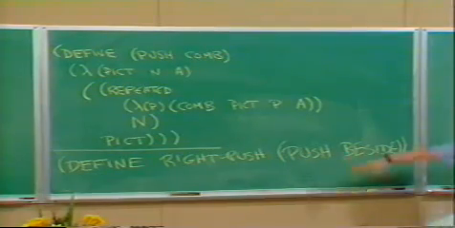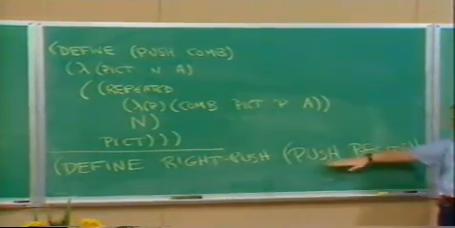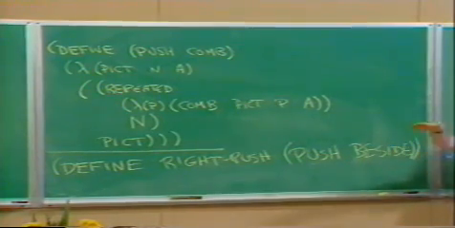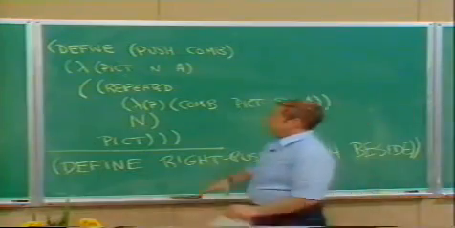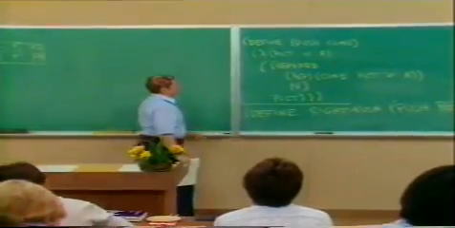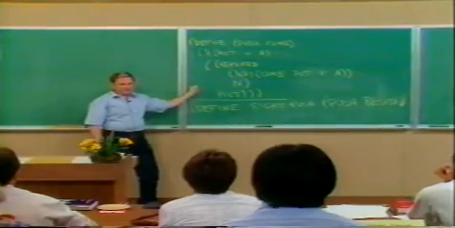Or if I say define up push to be push of above, I'd get the analogous thing, or define corner push to be push of some appropriate thing that did both of beside and above, or I could push anything. Anyway, if you're having trouble with lambdas, this is an excellent exercise in figuring out what this means.